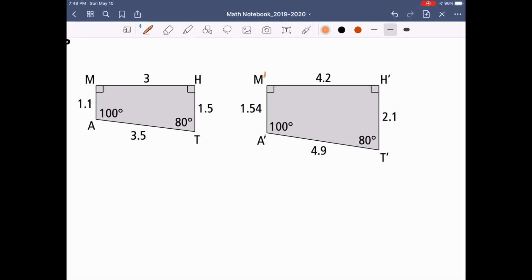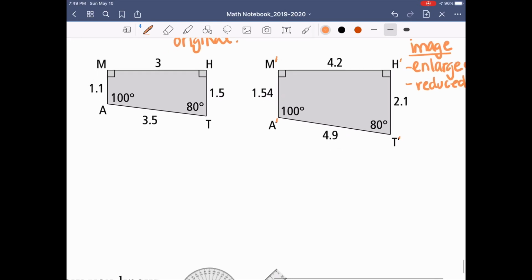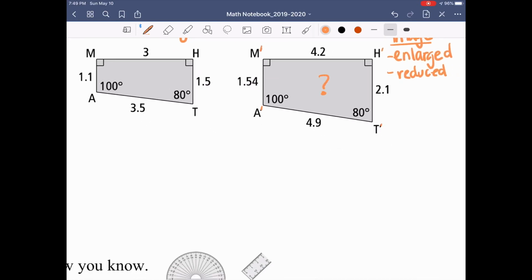Whenever you see this little dash, that means it's an image. Okay, so it's either been enlarged, or it's been reduced. So it's not the original. If it doesn't have the tick, that means it is the original. That's how you know. Okay, so it's saying, is this one an enlargement of this one?